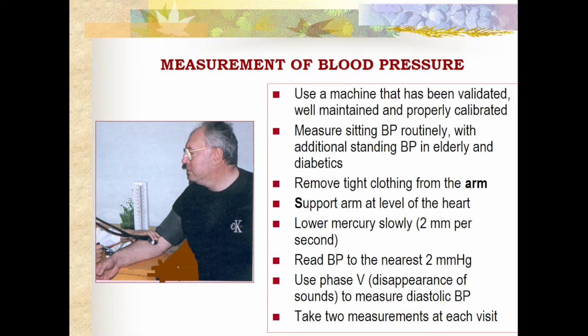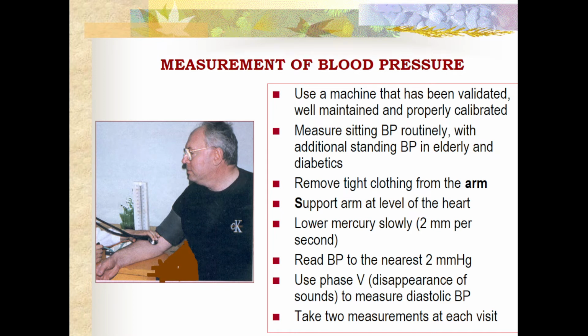How do we measure arterial pressure, blood pressure? The main principles. Use a machine that has been validated, well maintained, and properly calibrated. Measure sitting BP routinely with additional standing BP in elderly and diabetics. Remove tight clothing from the arm.